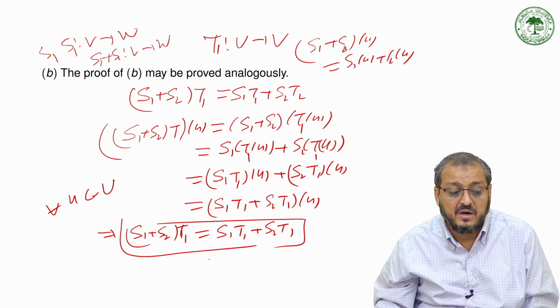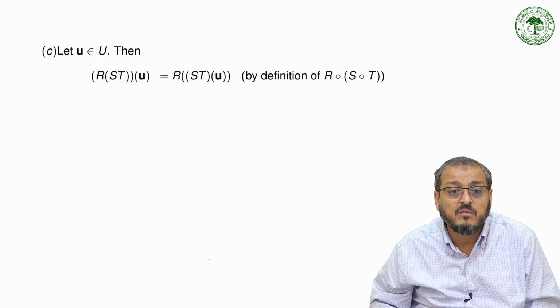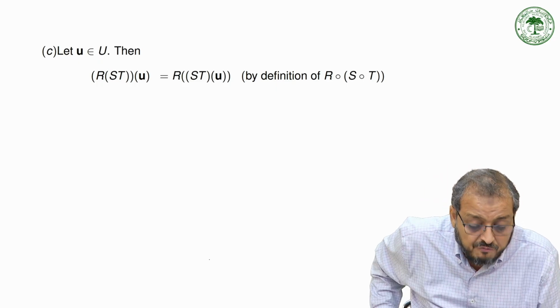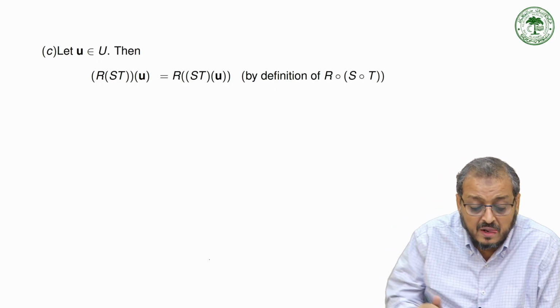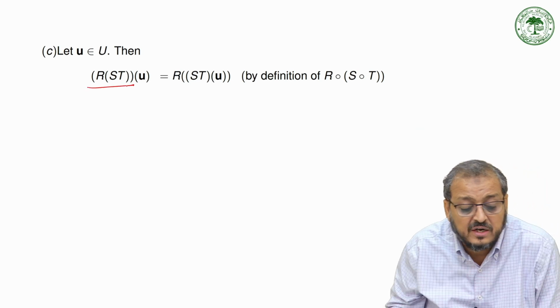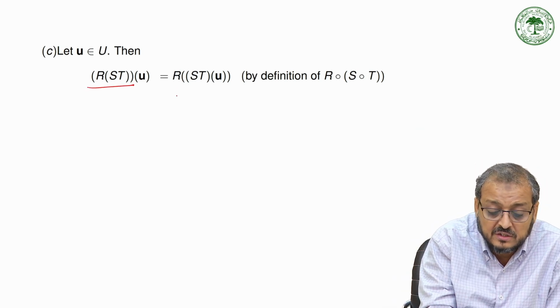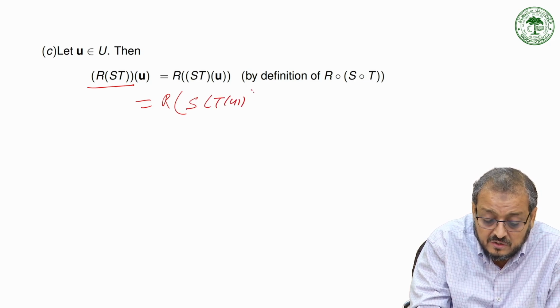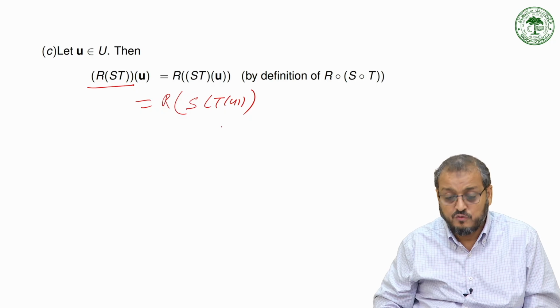And this completes the proof of part B. Okay, now we come to the associativity condition. We try to solve this into this form, starting from the right-hand side, R(ST). Using the condition, this can be written as R(S(T(u))), and again by the conditions we can write it in this form.